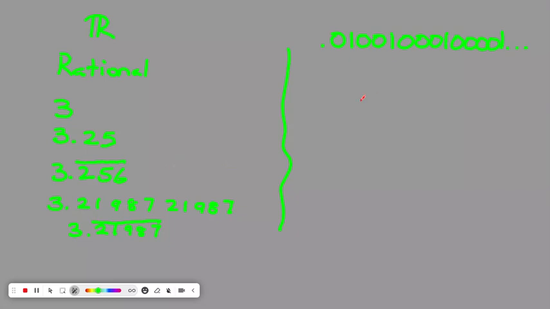Why? Because there is a pattern. You think, well, there's patterns here. You can see a pattern happening. You do see a pattern, but the pattern does not repeat. And we mean the pattern does not repeat. So this is irrational. This type of question appears on SATs sometimes. So look out for that one.